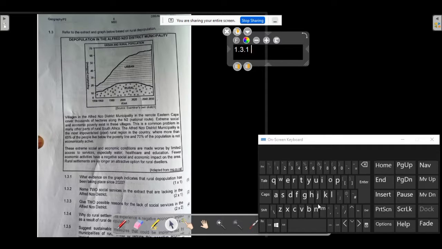So let's read the extract. Villages in the Alfred Nzo district municipality in the remote Eastern Cape cover thousands of hectares along the N2. Of course, that's the national route.